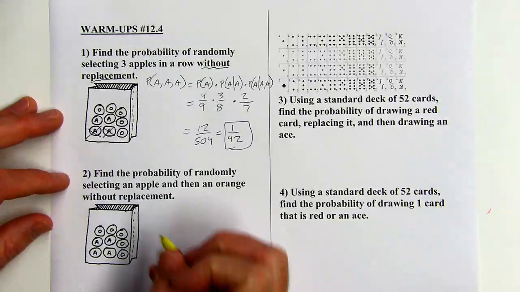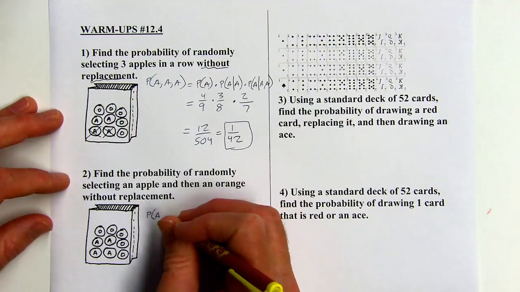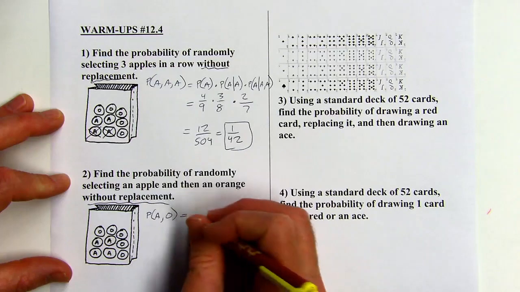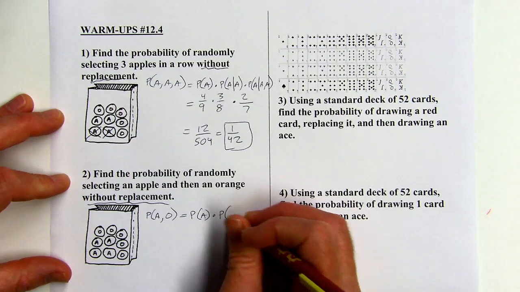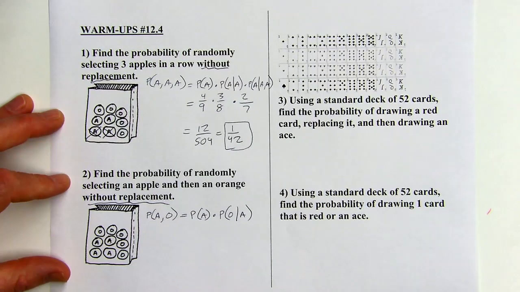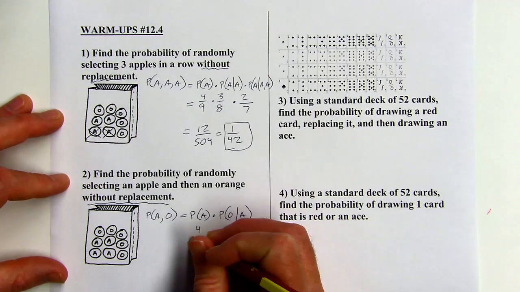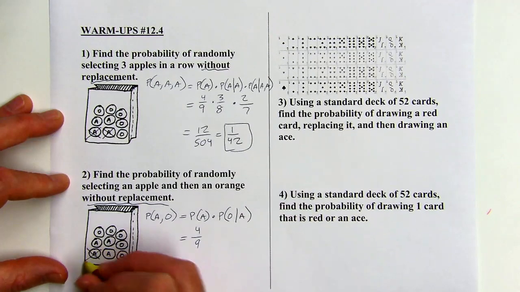We're going to do the probability of pulling an apple first, and then an orange. And this, again, is without replacement. So we'll find the probability of pulling an apple, and then the probability of pulling an orange, assuming that an apple has already been removed. Okay, assuming the first event has already happened. So there's 4 out of the 9 pieces are apples to begin with, but then we're going to remove one of those apples.